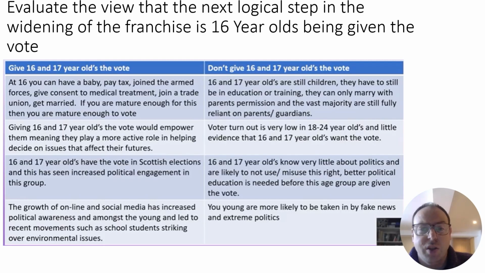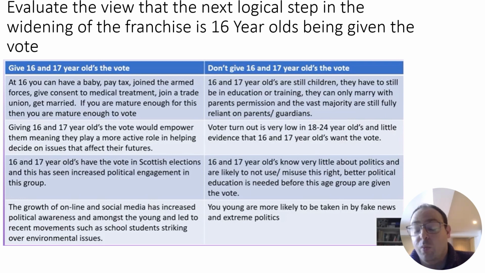I've seen quite a bit of stuff written on this where actually 16 and 17-year-olds are, in inverted commas, younger than 16 and 17-year-olds used to be in the past, so they are still children. So it's things like, we've had a voting age of 18 for a long time, but we had a school leaving age of 15, 16.